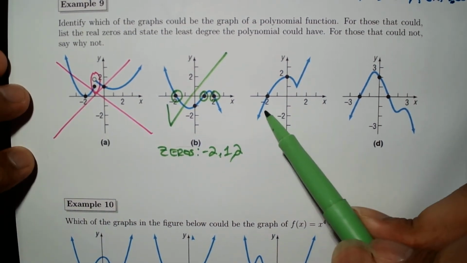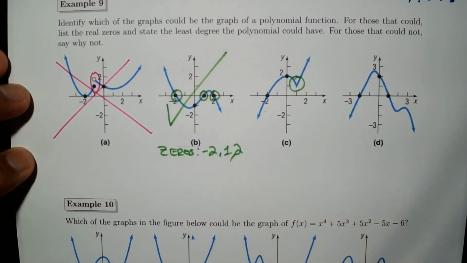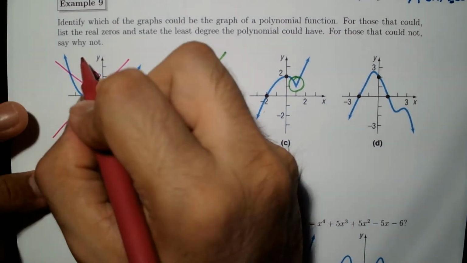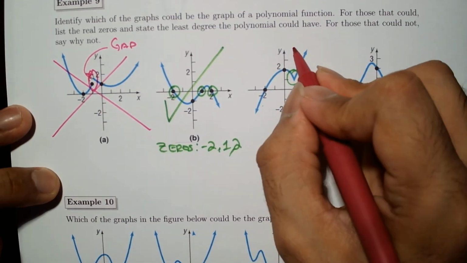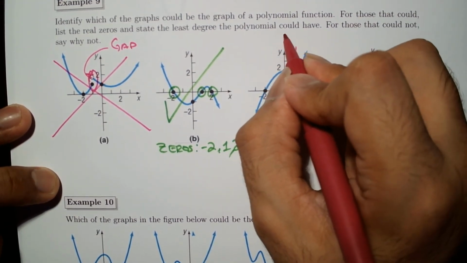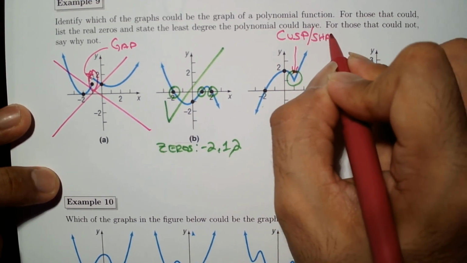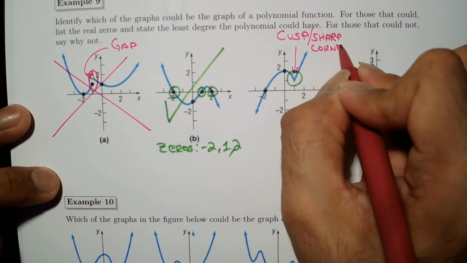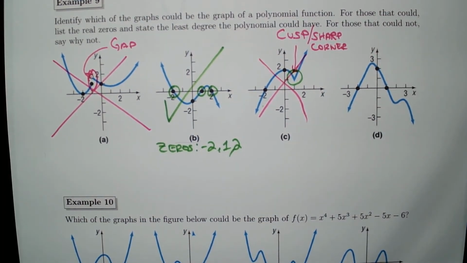Now let's look at letter C. If we walk along this graph, observe the cusp here, the sharp corner. Gap. Cusp or sharp corner. So for this reason, this is not a polynomial function.